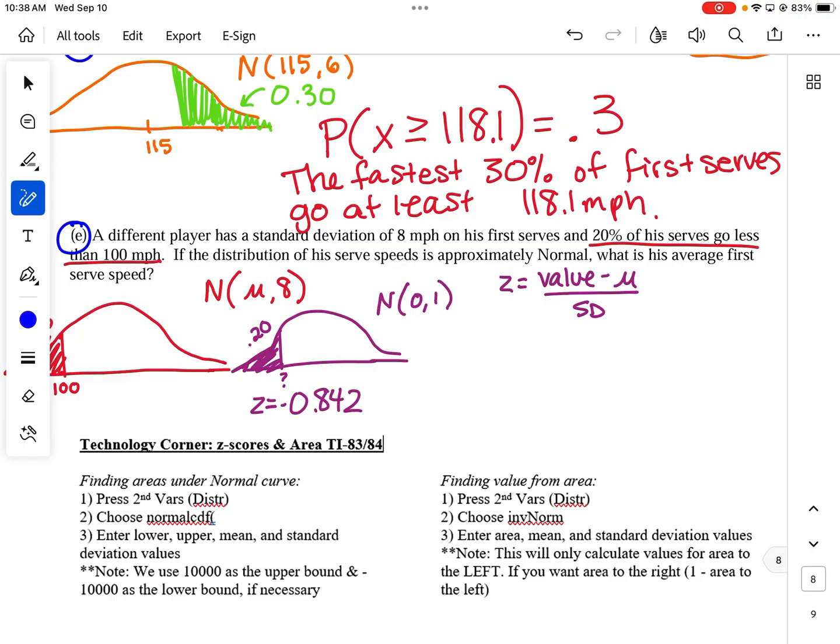We're going to plug in what we know. So negative 0.842 equals, do we have the value that z is? 100. Minus the mean. Do we have the mean? Nope. Do we have the SD? Yeah.